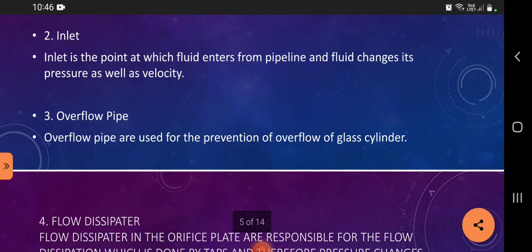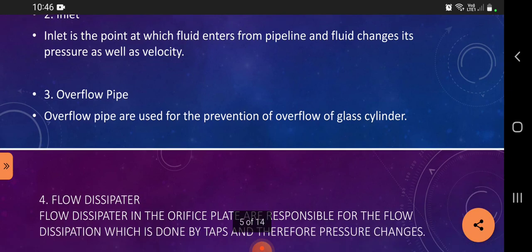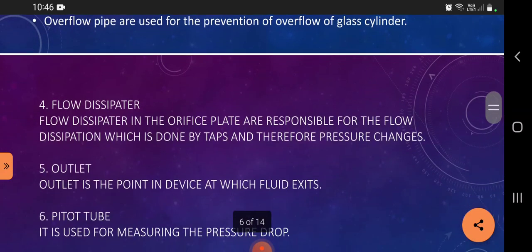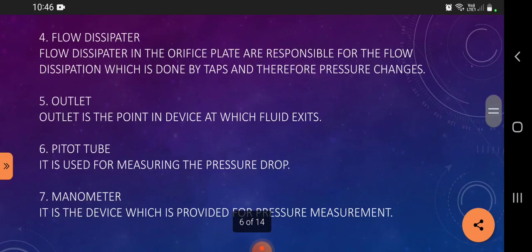Overflow pipe: used for prevention of water overflow of the glass cylinder. Flow dissipator: responsible for the flow dissipation, which is done by taps, and therefore pressure changes. Outlet: the point in the device at which the fluid exits.